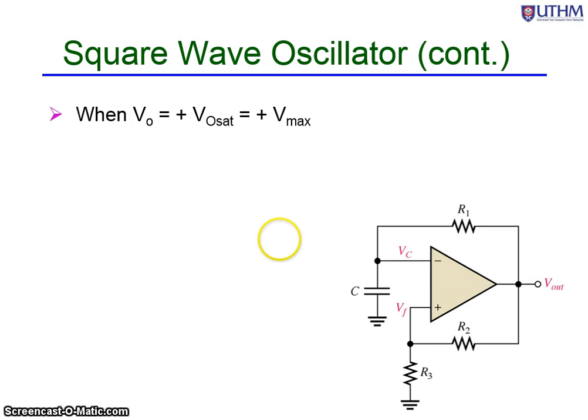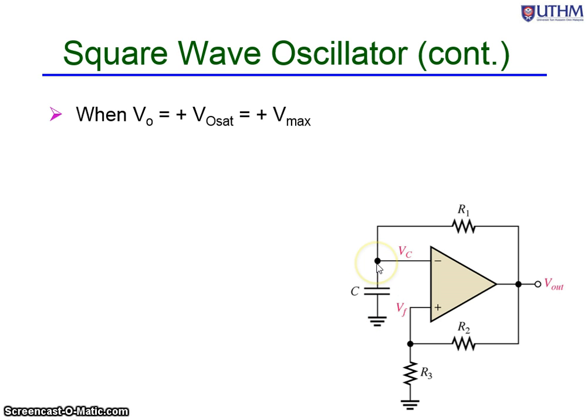If we look again, how do we get the square wave output? When Vout is positive, C is being charged through this path. Your VC will be compared with VF, so we're going to find the voltage over here, which is VF.